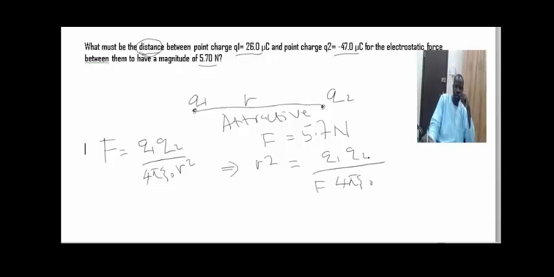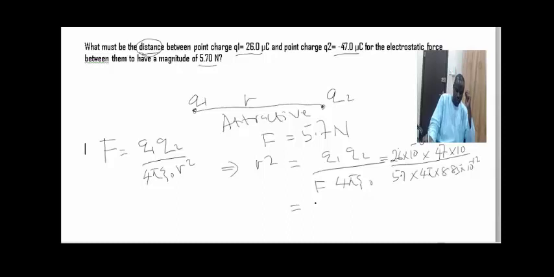So we can now insert our values. Our Q1 is 26 times 10 to the power minus 6 times Q2, which is 47 times 10 to the power minus 6, all over our force, which is 5.7, times 4 pi times 8.85 times 10 to the power minus 12.